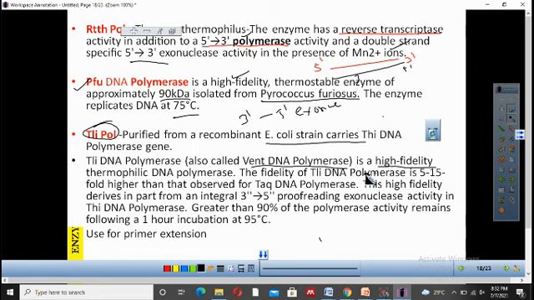Fidelity means synthesis of the correct DNA. It is 5 to 15 folds higher than Taq DNA polymerase. So compared to Taq polymerase, it has 5 to 15 times greater ability to correct. And this high fidelity derives in part from the integral 3' to 5' proofreading exonuclease.